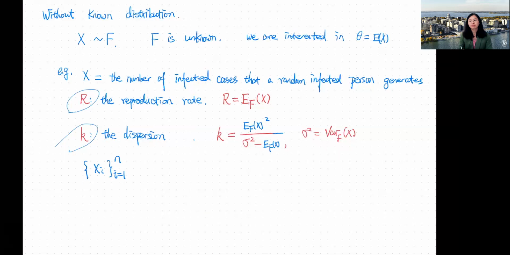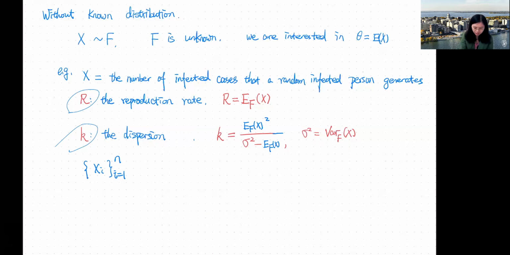You collect data on N randomly selected infected people, and your contact tracer did a good job and traced all the other cases that are infected by these cases.